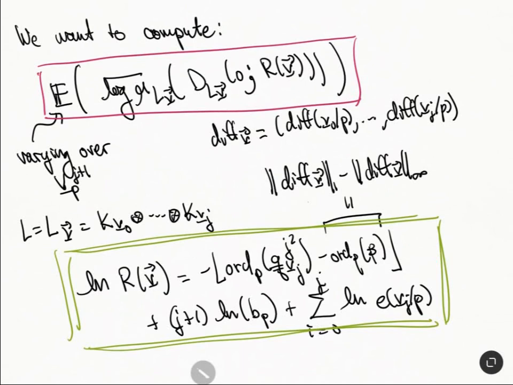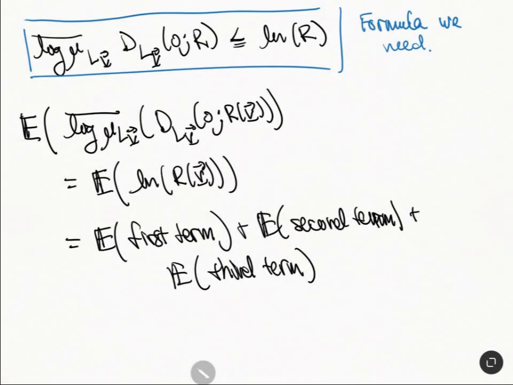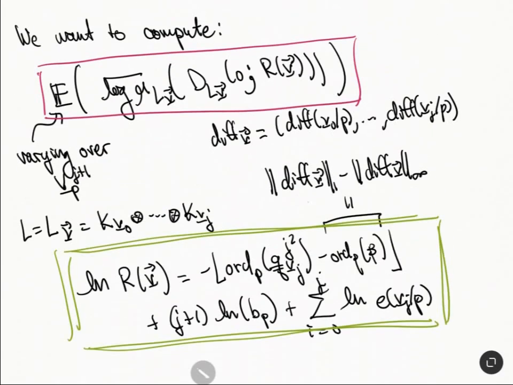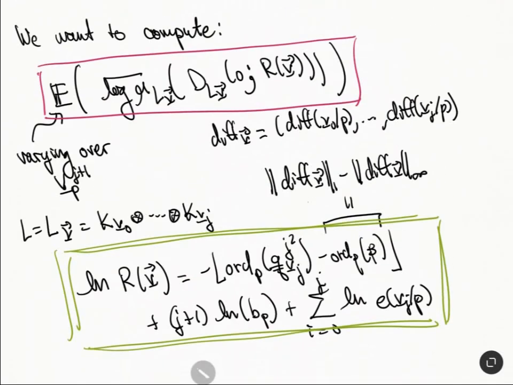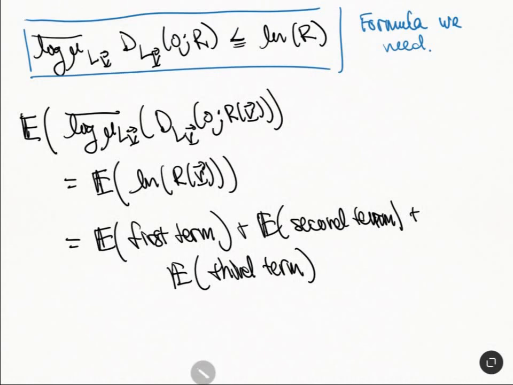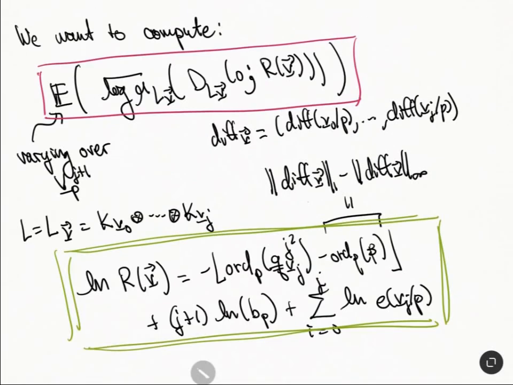I guess we could actually break this up a little bit more. Okay, so let me just say the first term. So the first term only appears when there is ramification. Same with the second term. So the second term only appears if one of the V's is ramified, and same with the last term.